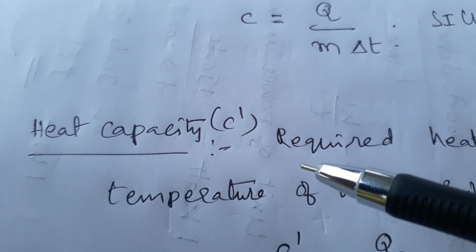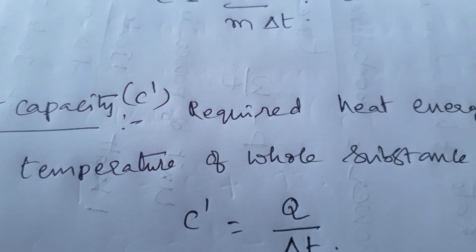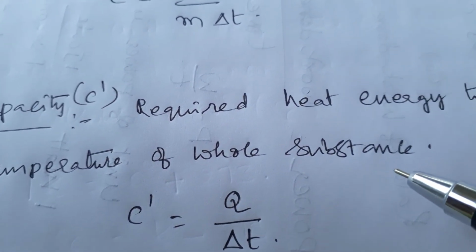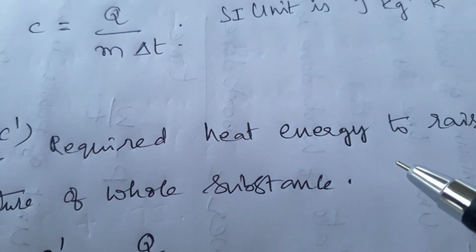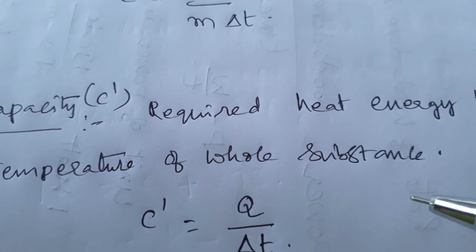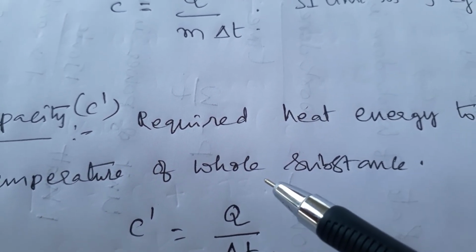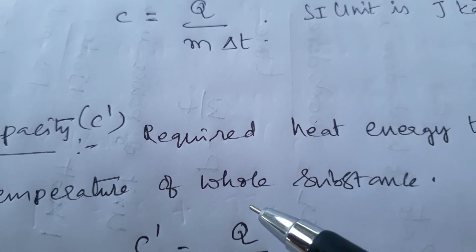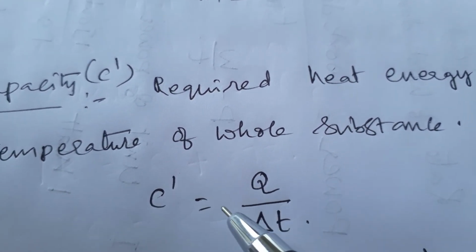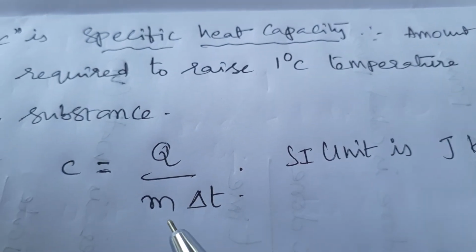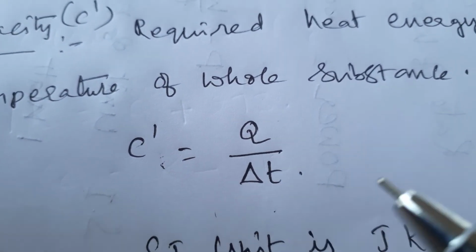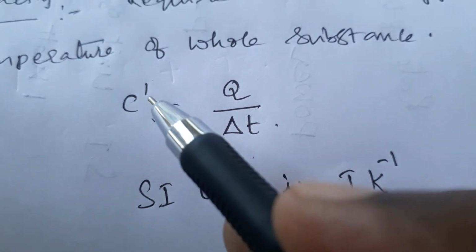Now, what is heat capacity? It is the heat energy required to raise the temperature of the whole substance by 1 degree Celsius. Here it is not unit mass, not 1 kg or 1 gram, but the total quantity, whatever the mass. So mass is independent and absent from the formula. Heat capacity is just Q by delta T, represented as C dash.